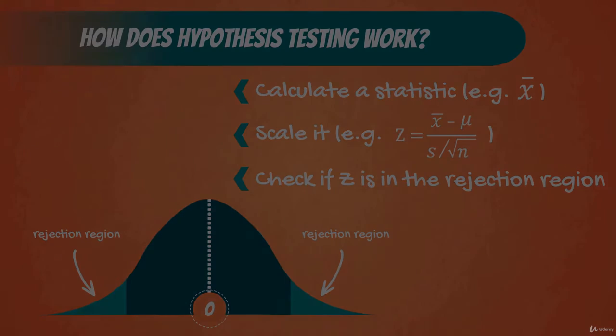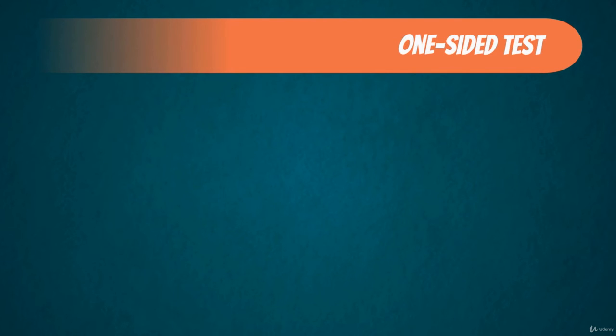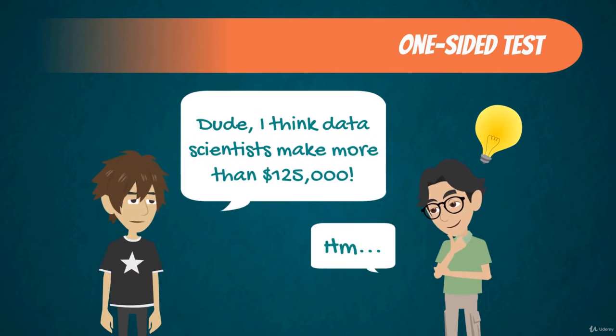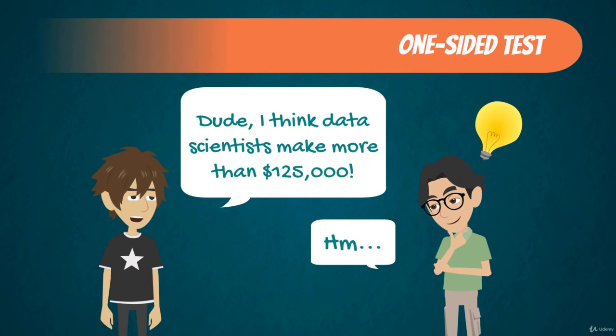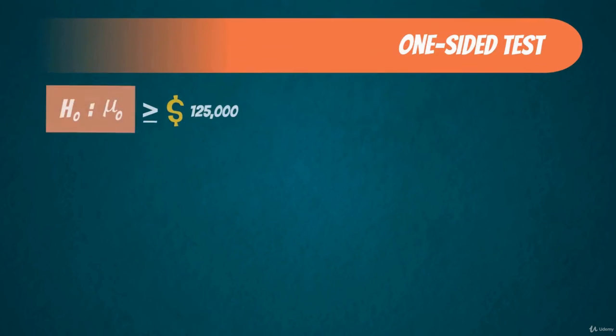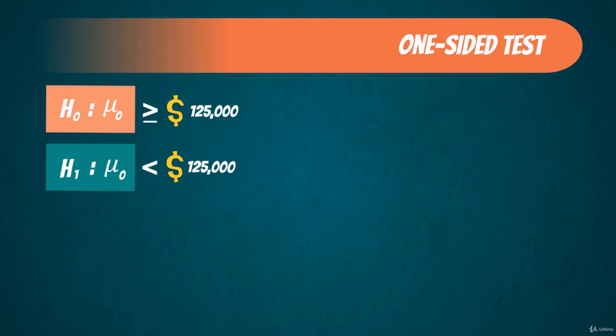Okay, what about one-sided tests? We have those too. Let's take the example from last lecture. Paul says data scientists earn more than $125,000. So, H0 is mu0 is bigger or equal to $125,000. The alternative is that mu0 is lower than $125,000. Using the same level of significance, this time the whole rejection region is on the left.